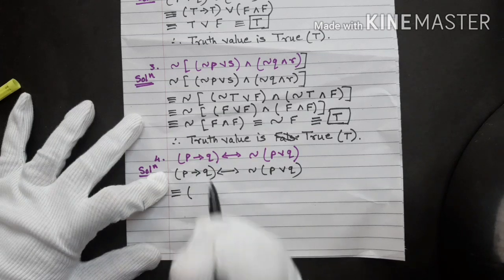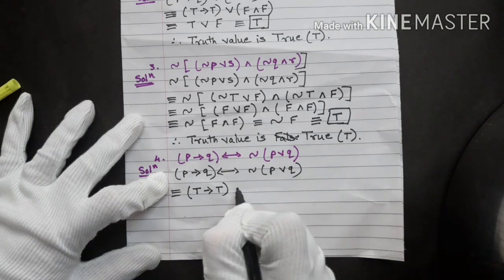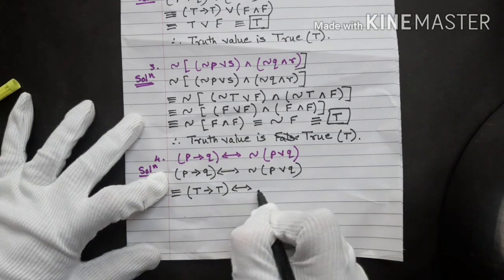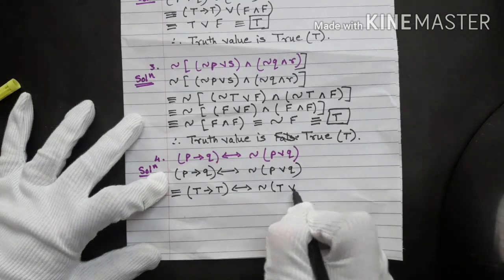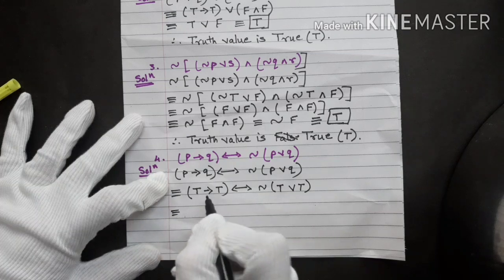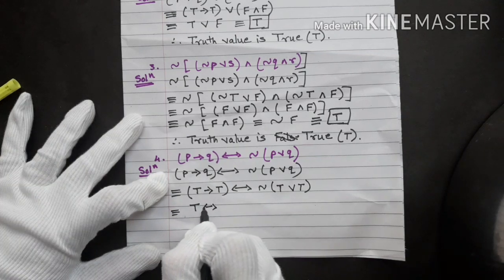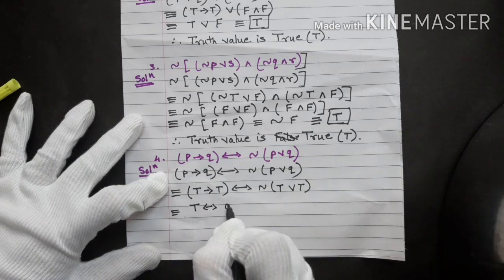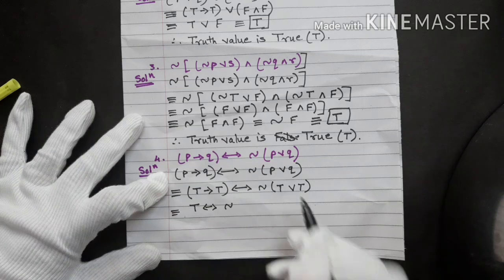P and Q are true. So T implies T, double implies negation again T or T. So T implies T is T. Correct? Double implies negation T or T also T.